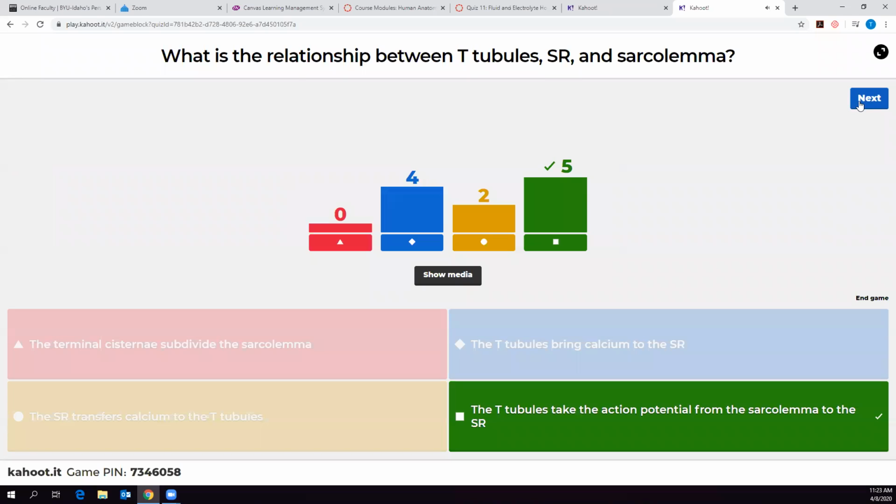Okay. So the T-tubules are going to take the action potential, the depolarizing signal from the sarcolemma, because that's where the motor neuron is going to stimulate it, and carry it down to the sarcoplasmic reticulum so the calcium is released. T-tubules do not have calcium in them ever. They just have that sodium going in and depolarizing the membrane.